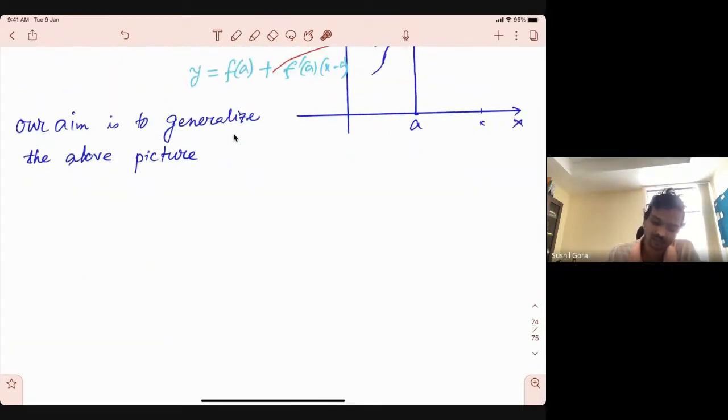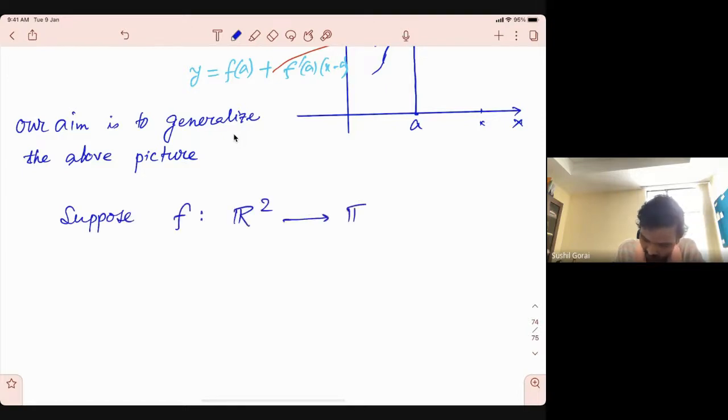So let us recall the definition again. Suppose, in this special case, f is a function from R2 to R, and let's assume it is differentiable, which means differentiable at every point.